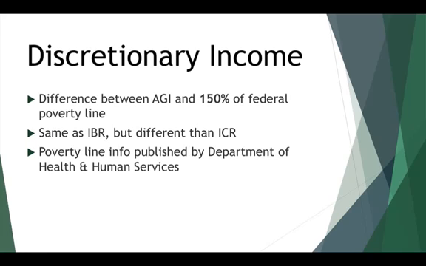Under pay-as-you-earn, discretionary income is calculated as the difference between your adjusted gross income and 150% of the federal poverty line, which is published each year by the Department of Health and Human Services. Note that this is the same way discretionary income is calculated under income-based repayment, but it's different than under income contingent repayment, which is a little bit less borrower-friendly.